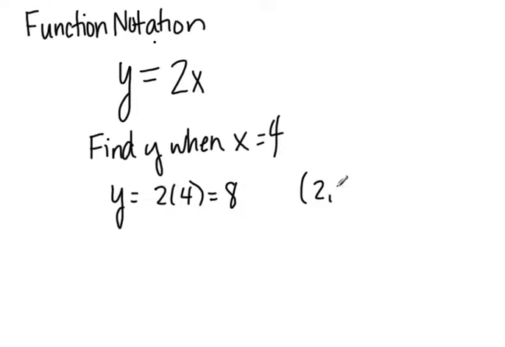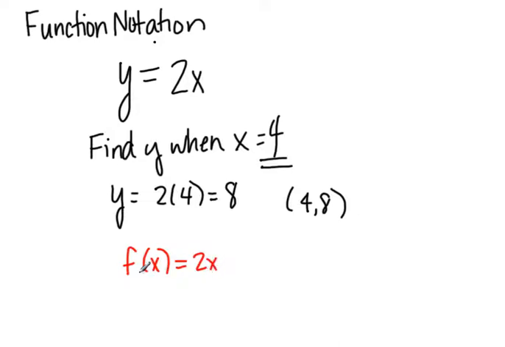So that would mean an ordered pair of 4 for the x, because that's what you put in, and you got out 8 for y. Another way to say that is instead of y, you use f of x. And you can use the same function, and that's just saying the function's in terms of x.